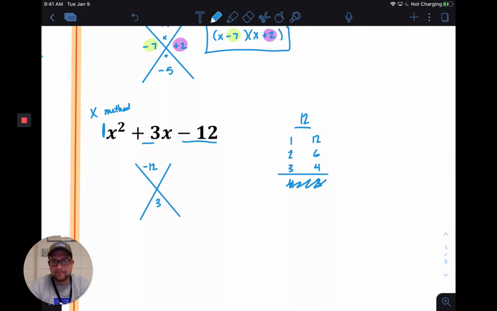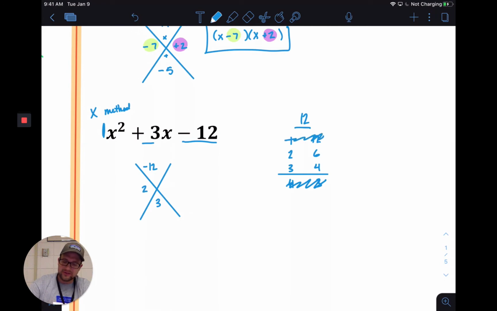Now, thinking about those numbers, 1 and 12, one of those will have to be negative in order to make this work, but negative 1 plus 12 won't get me to negative 3, and if I switch that and make the 12 negative, that's not going to work either to get that bottom number. So it can't be 1 and 12. Those get crossed off.